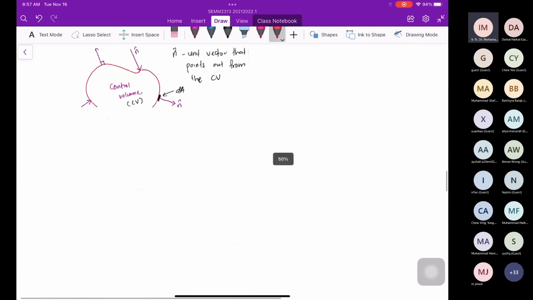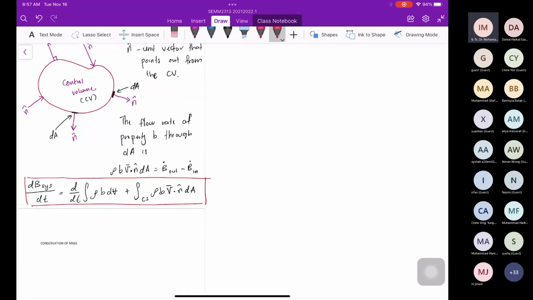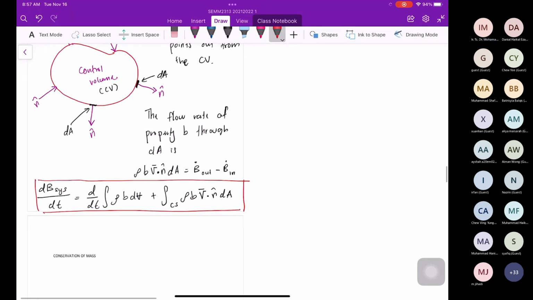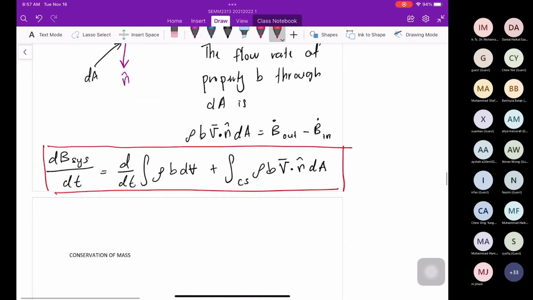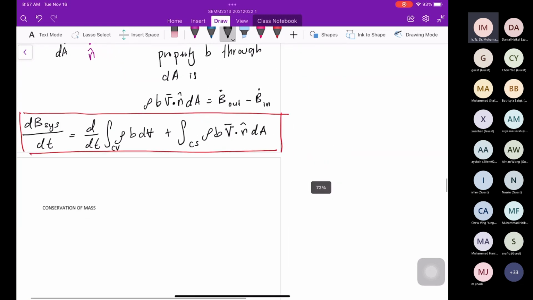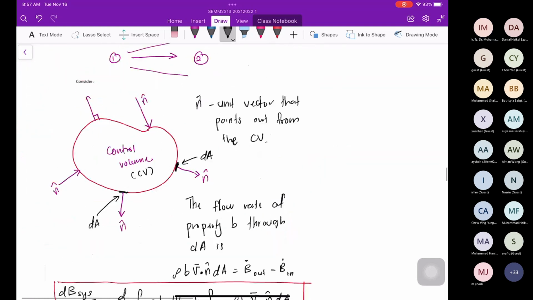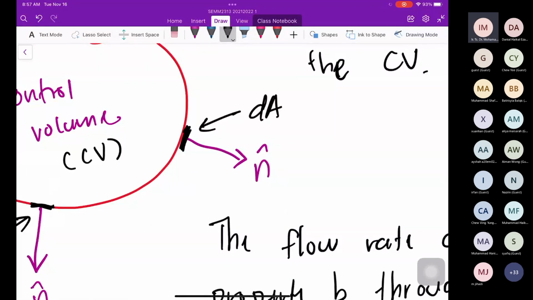So, in order to simplify the equation, the change of extensive property for the system is equal to the change of control volume plus the integral of the control surface with respect to area. You can see we have the surface which is dA.